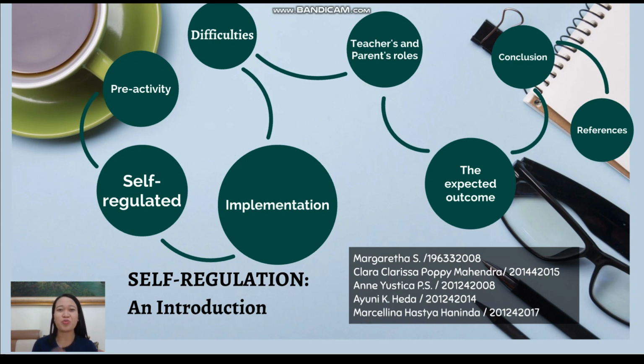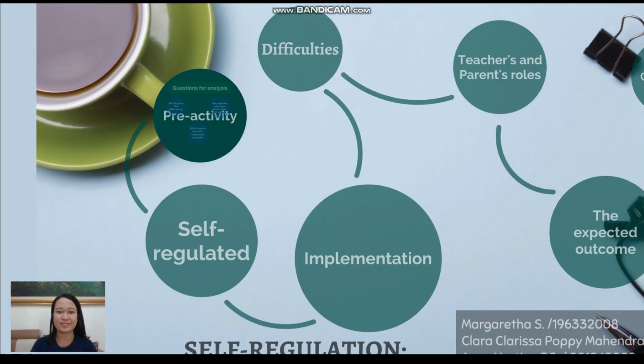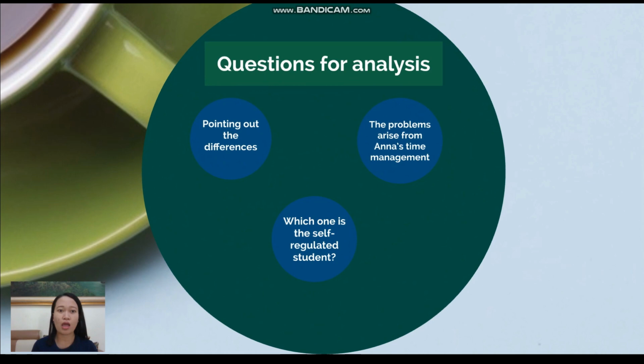Okay, after you watched the video, let's discuss about it. The first question is what are the differences between Anna and Elsa? Yes, you are right. The differences are pointing out of the differences between Elsa's time management and Anna's time management.